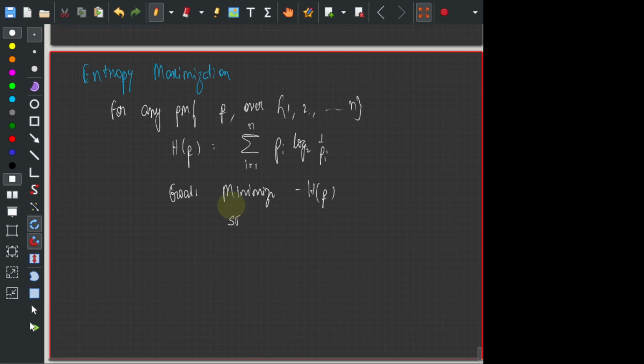And typically these constraints are expressed in terms of moments of the random variable in question. But as we've seen a little bit earlier in a previous class, how does any moment behave with respect to the PMF in question? Is it linear, quadratic, a convex function?